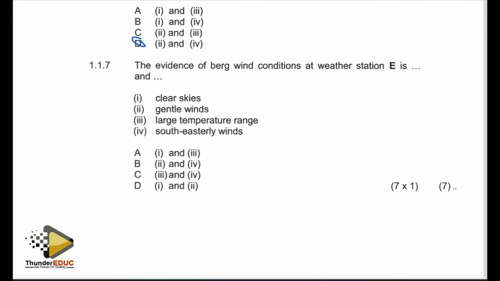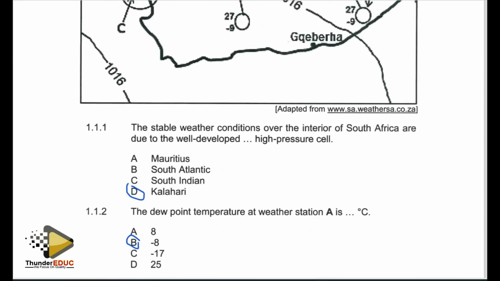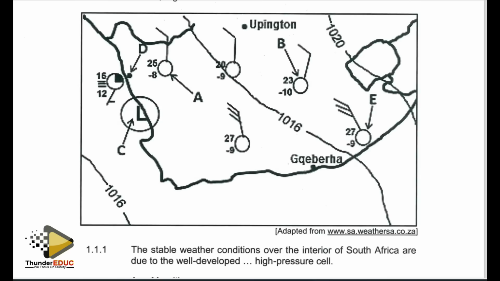Then we proceed to question number 1.17. Right, the evidence of backwind conditions at weather station E is dash and dash. We need two conditions that suggest that there was a backwind at that weather station E. Let's try to figure out from station E. If you look at station E, you can see that the conditions there are clear skies. There is no shading to indicate cloud cover on that station. Also, the wind direction is a north-westerly wind.